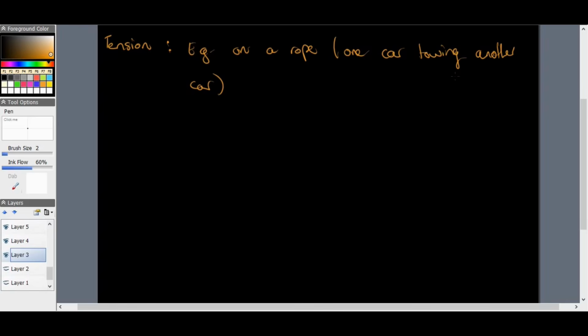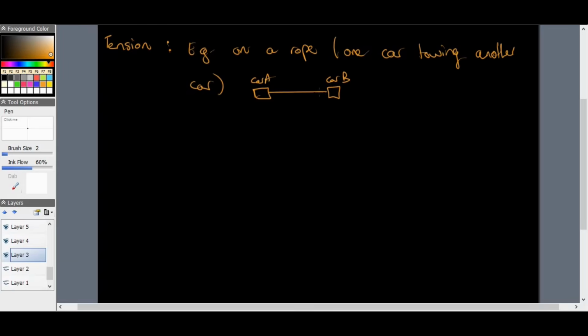So you obviously have the one car here, which I'm just going to draw in a little block type feature. And there's the rope in the middle. And then there is obviously the other car. So let's call that car A. Let's call this car B.